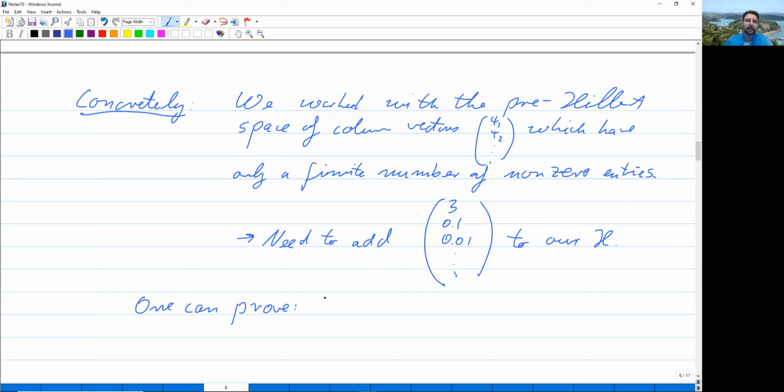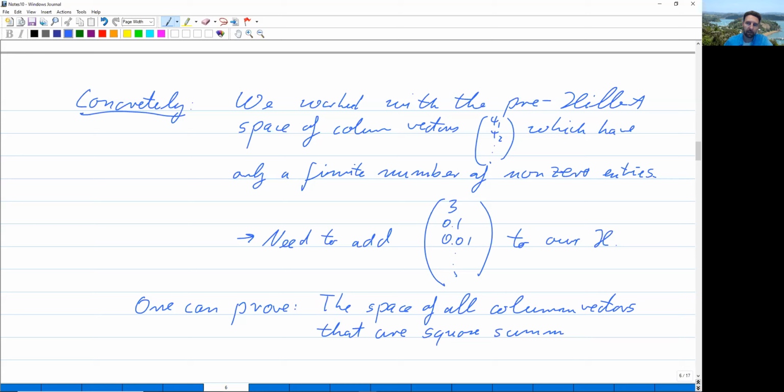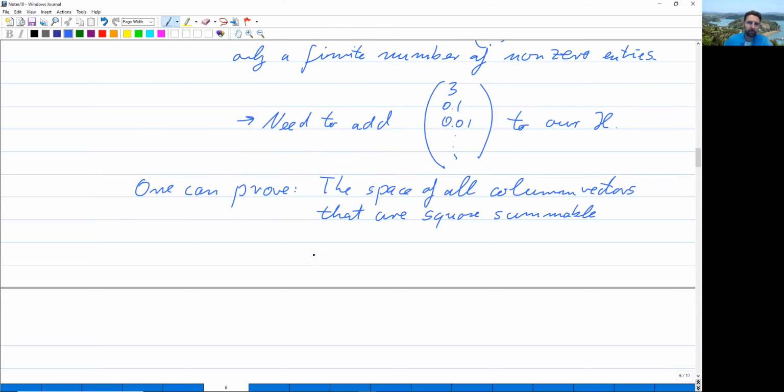the space of all column vectors that are square summable, which means, i.e., the sum over all i of psi_i star psi_i is smaller than infinity, is a Hilbert space.